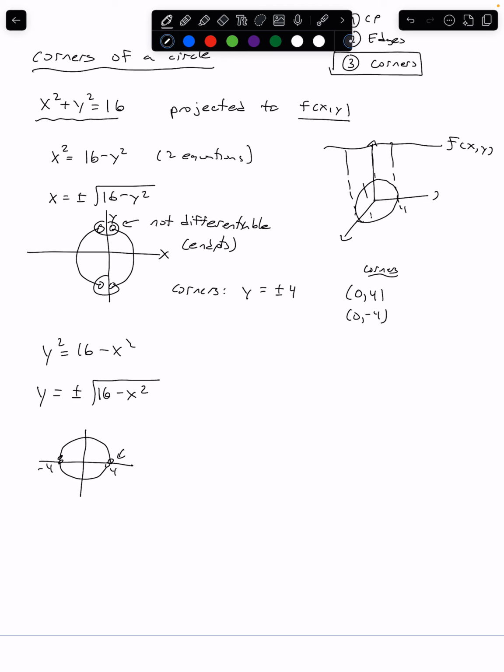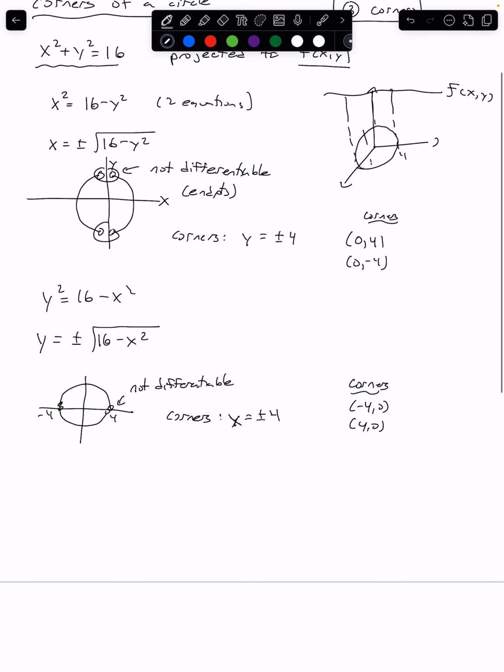Again, these are considered endpoints because these are not differentiable at this point. So the corners occur at x equals plus or minus 4. Our new corners here would be (-4, 0) and (4, 0) as well.